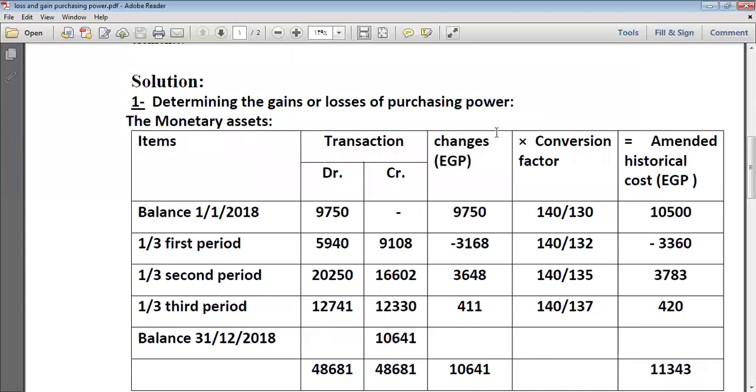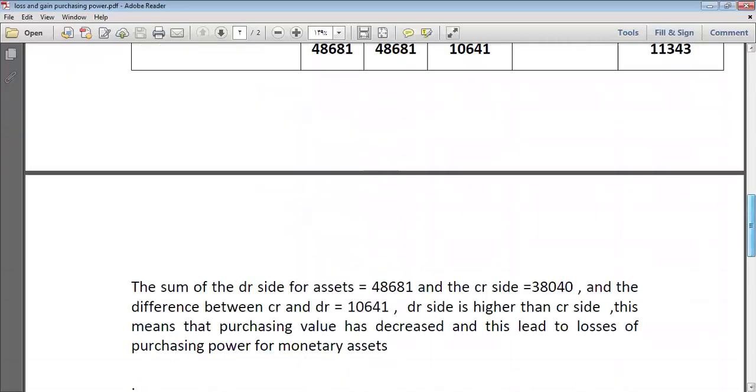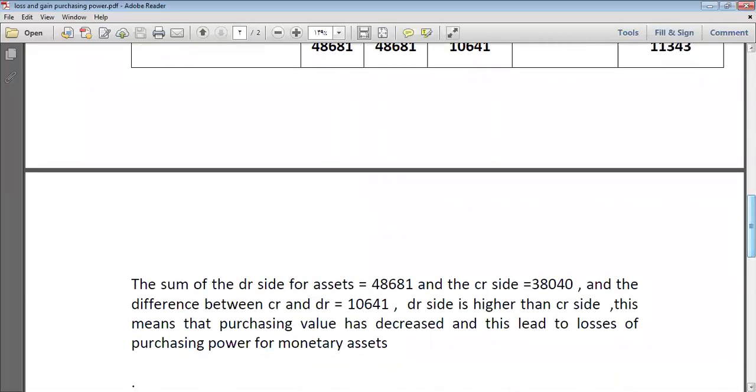Then we should multiply changes by conversion factor equal الامendment of historical cost after the inflation. طيب احنا هنا كده خلصنا الاسيتس، وحققت عندنا لوس، وعرفنا حققت لوس ليه.